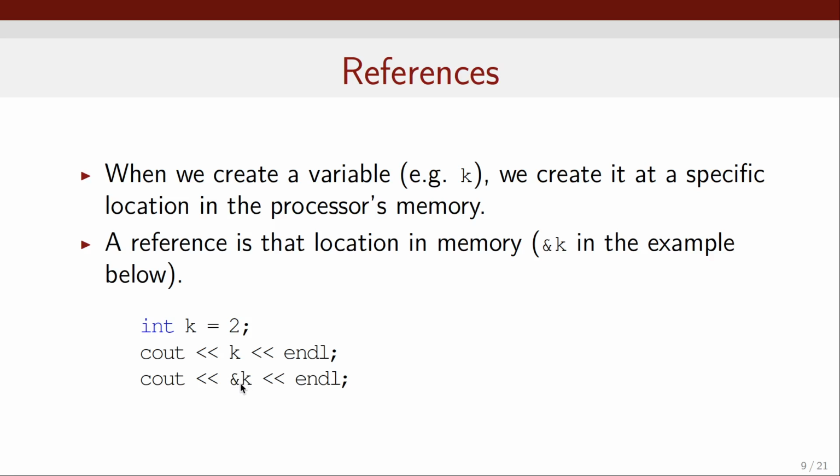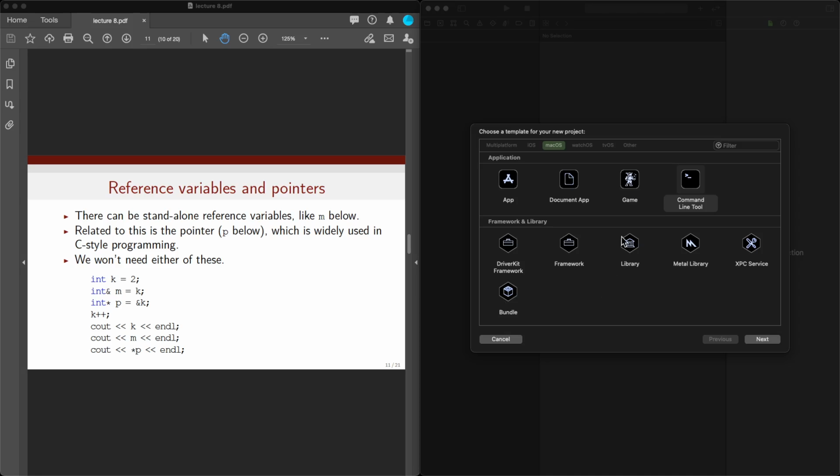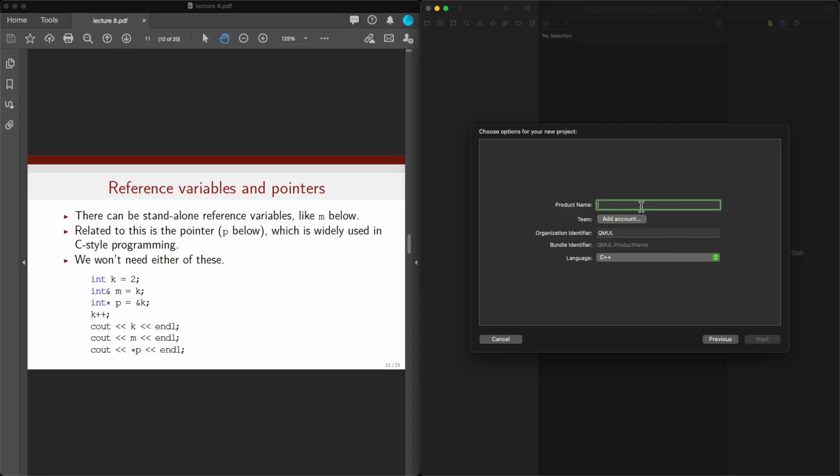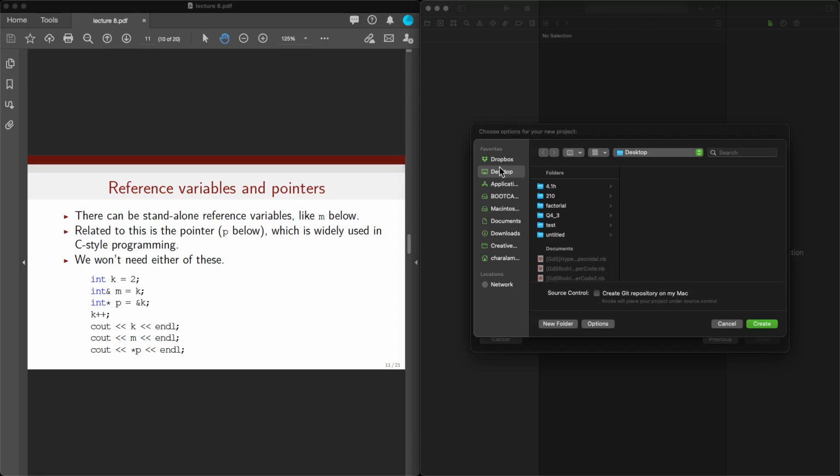So let's code this up real quick. Here I have opened Xcode. I'm going to select macOS and command line tool, and I'll select the product name. Let's call it reference. And let's save it to the desktop.